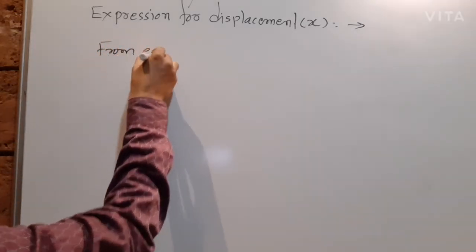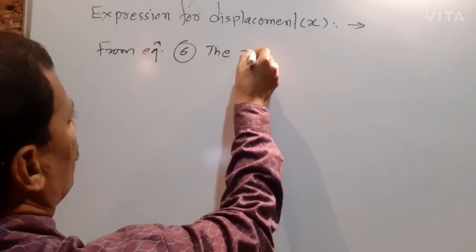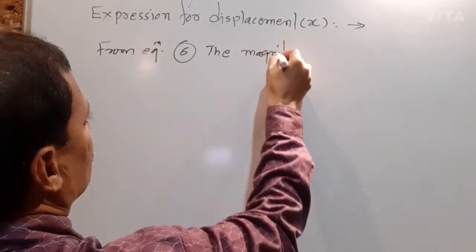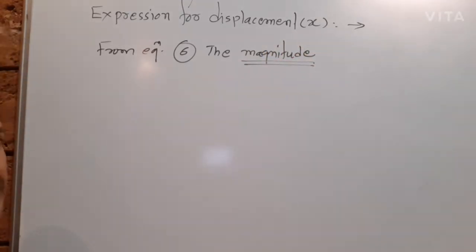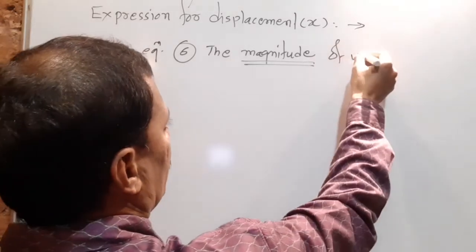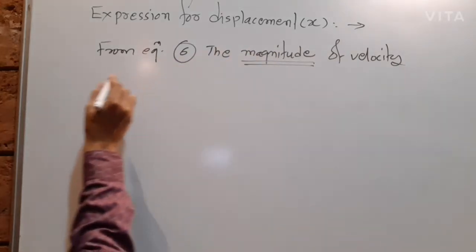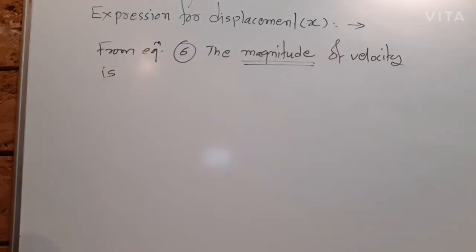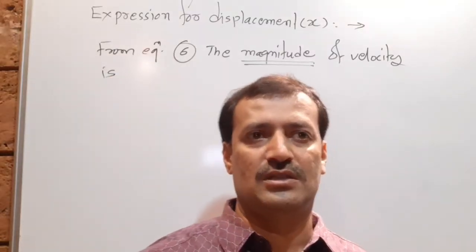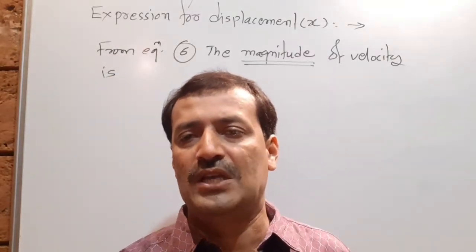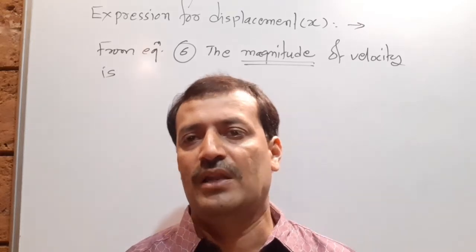From equation 6, the magnitude of velocity; the word magnitude is important. We know that the expression for velocity in equation 6 is v is equal to plus minus omega into square root of a square minus x square.